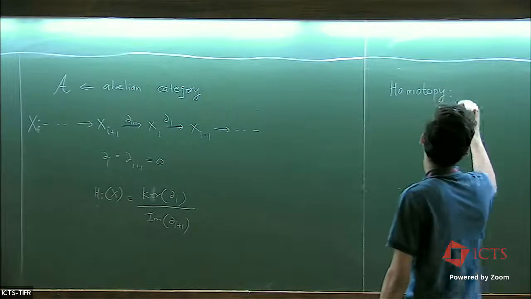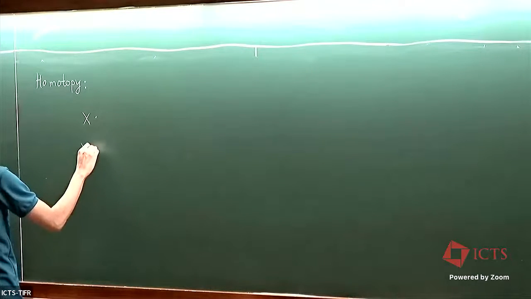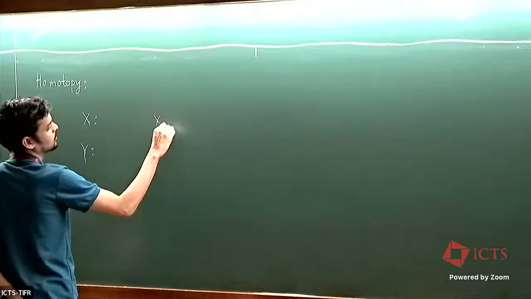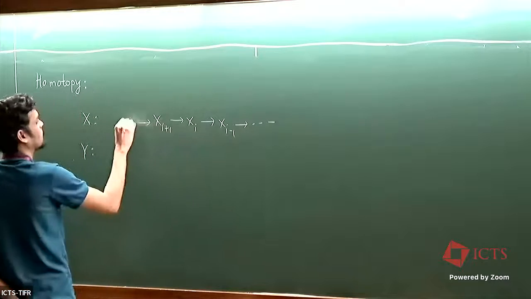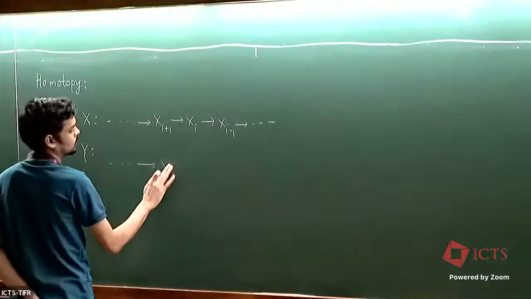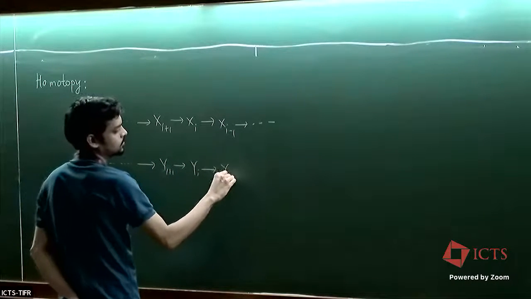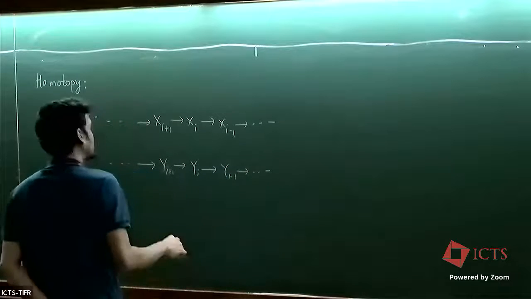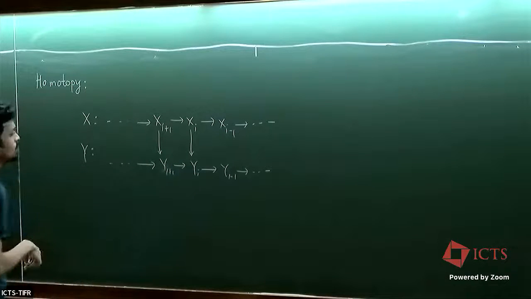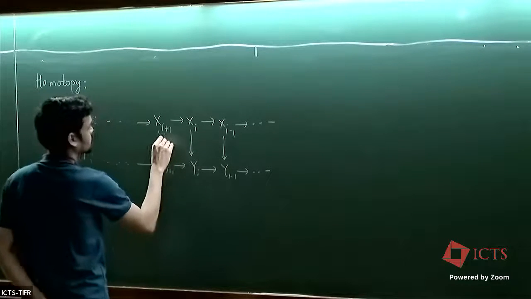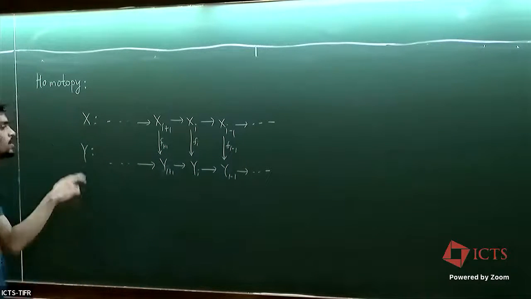homotopy is. You have two complexes, X and Y. And let us suppose that we have a chain map between these two.